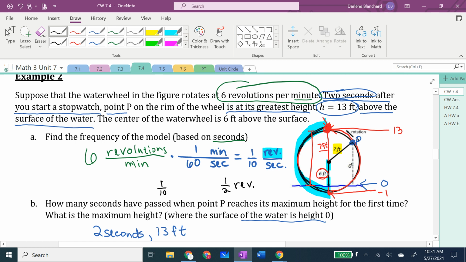I'm looking at how much time. I have one revolution per second, and I need to multiply that by a number of seconds to equal 1/2 of a revolution. And can some of you see that to make 1/10 go to 1/2, I need to multiply by 5.